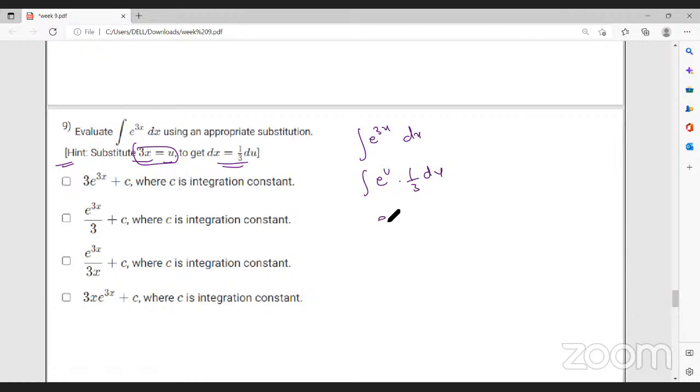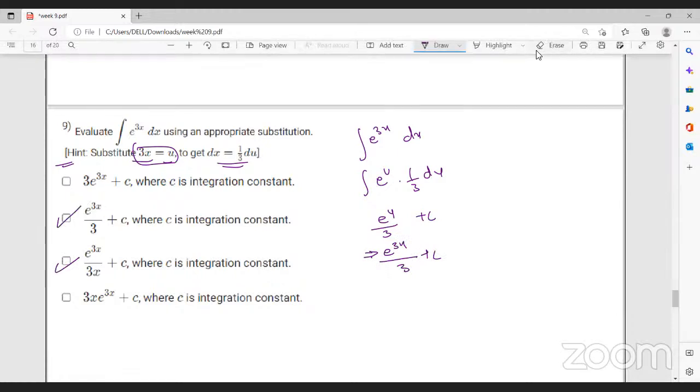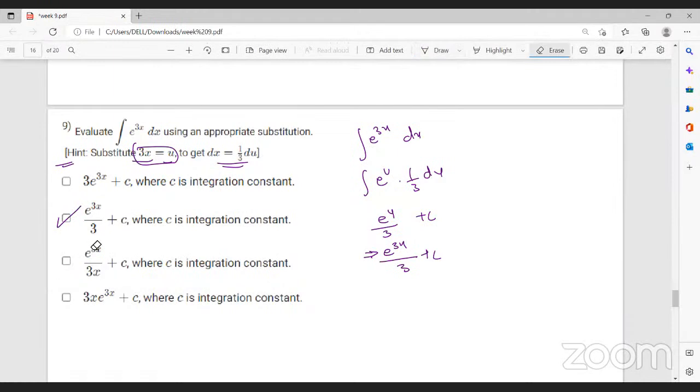So I will get e to the power u upon 3 plus c, constant of integration. So u is 3x, I can resubstitute it: e to the power 3x upon 3 plus c. Here the hint is given.